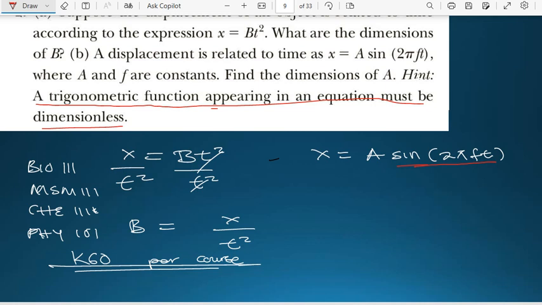So we are going to remove it, and we remain with x is equal to A. This is how simply you handle this kind of equation. Now we have to find the dimensions of A. The dimensions of A is equal to the dimensions of x, and x is length, it is displacement, which is actually L. As simple as that.